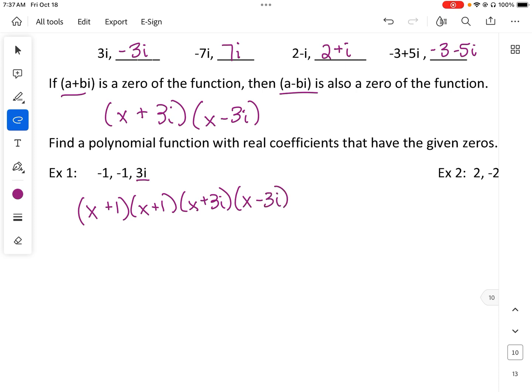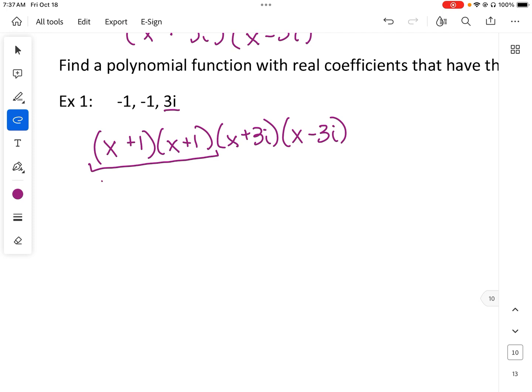We want to do the expanded form where we actually multiply all of our binomials. So this would be x squared plus 1x plus 1x, which is plus 2x plus 1. And then this one's very similar.